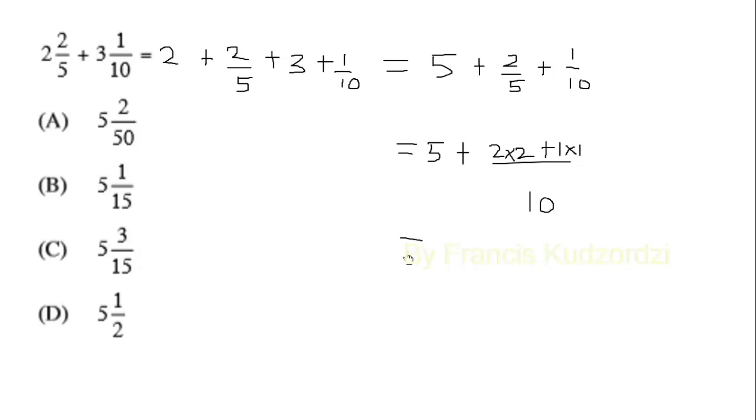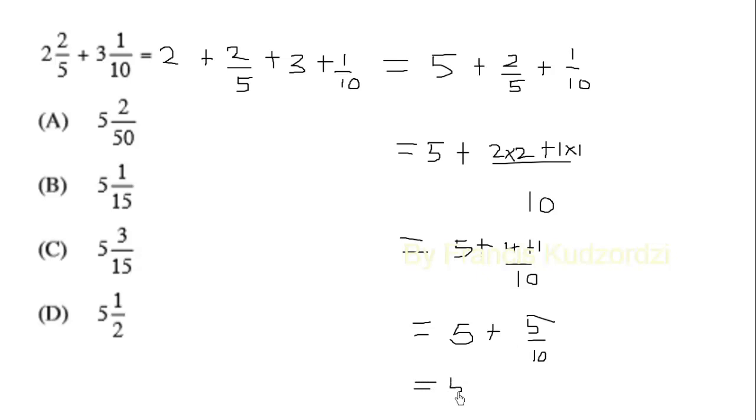So this will be equal to 5 plus 4 plus 1 over 10. So this will be equal to 5 plus 5 over 10, because 4 plus 1 is 5. Now 5 over 10 is the same as 1 over 2.